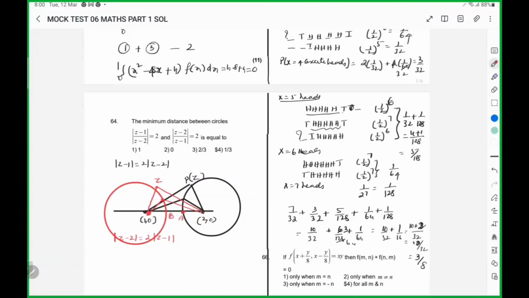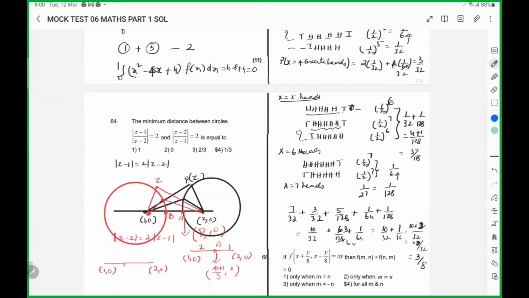So this is a point on the circle. This point divides the ratio 2:1 by using section formula. This point has coordinate 5 by 3 comma 0. To find out B, it's 1, 0.